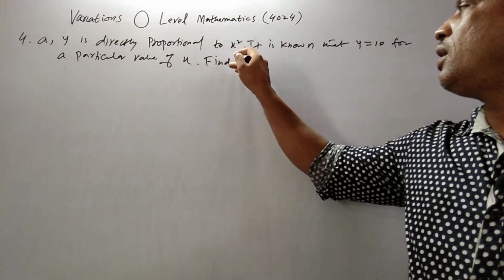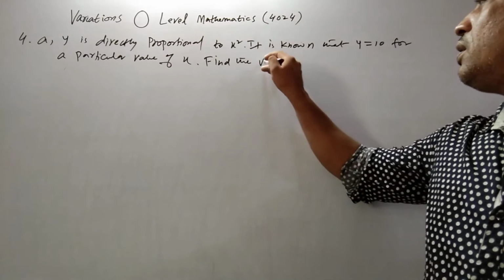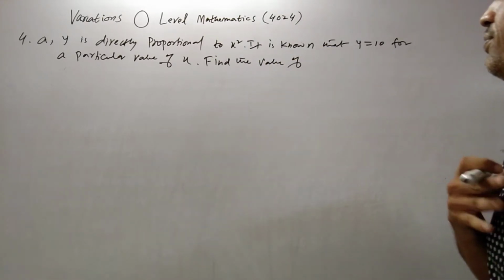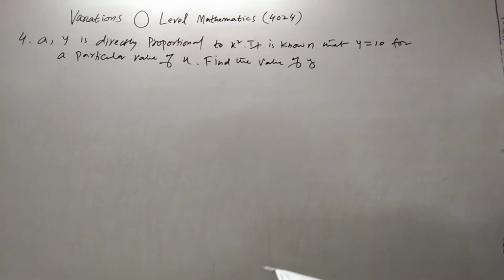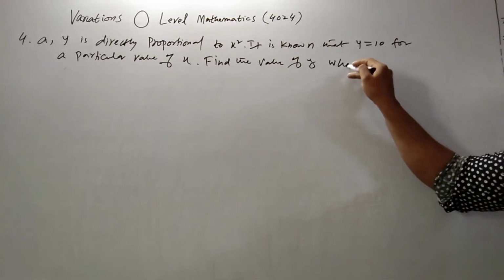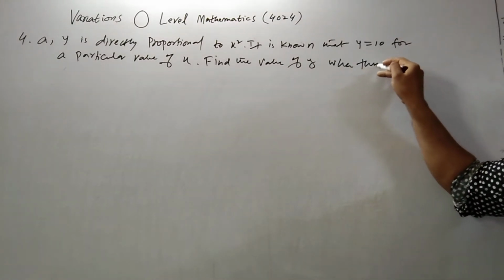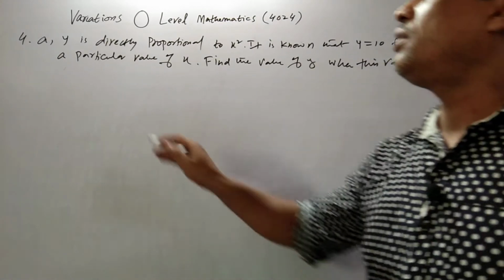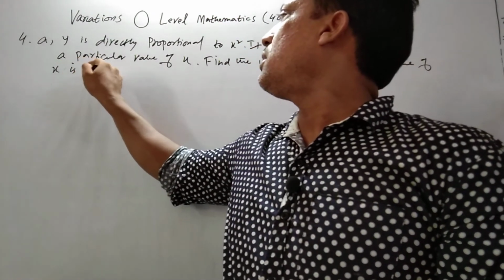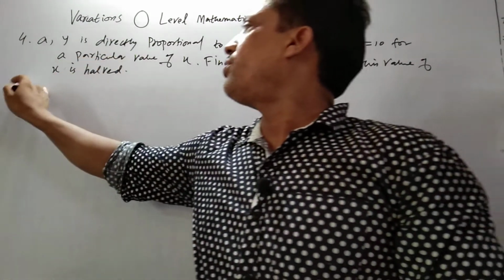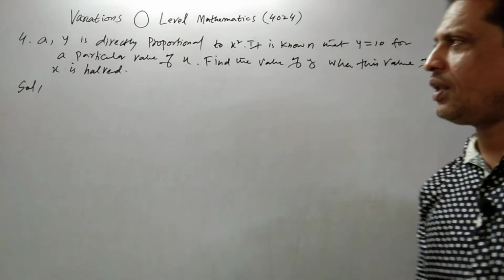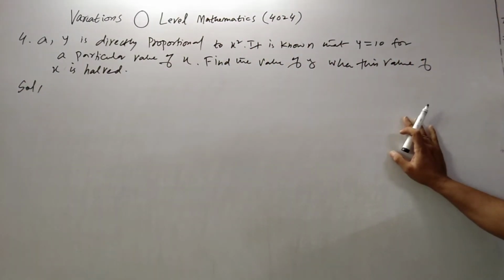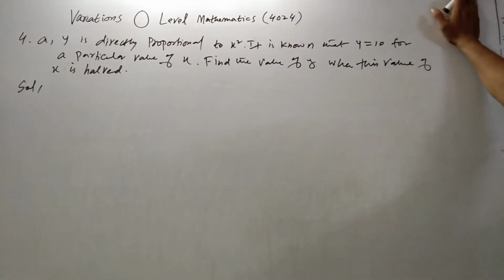Find the value of y when this value of x is halved. Solution. Y is directly proportional to x square. It is known that y is 10 for a particular value of x. Find the value of y when this value of x is half.